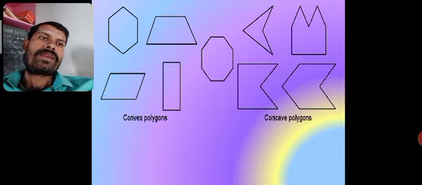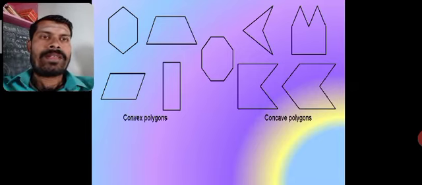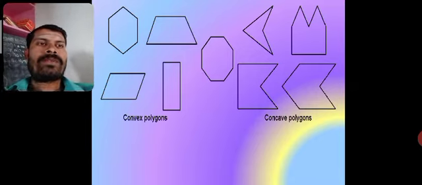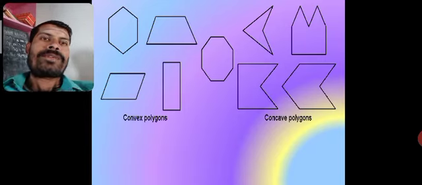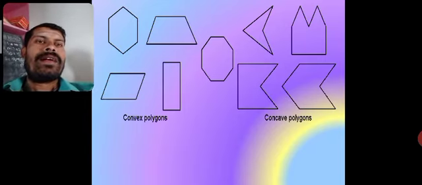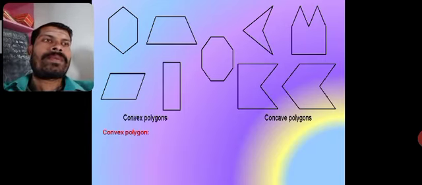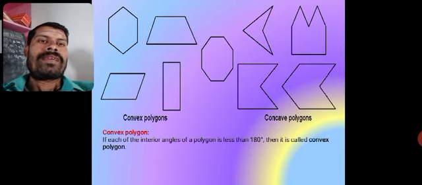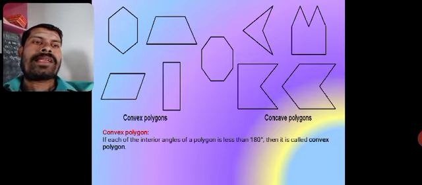But in concave polygons, one or more diagonals will be outside. That is the difference between convex and concave polygons. You can also see the difference here: a convex polygon is one in which each interior angle is less than 180 degrees.